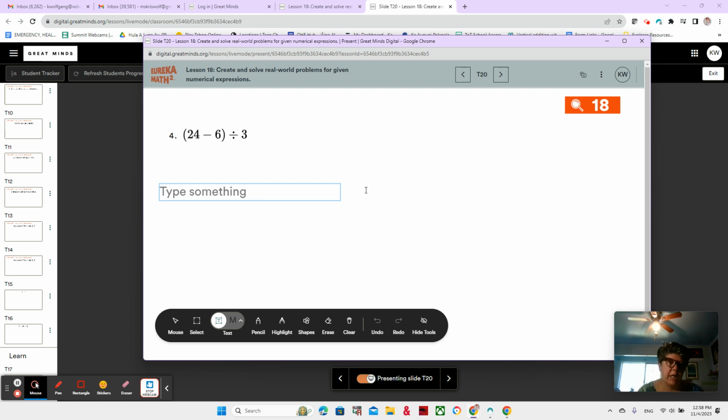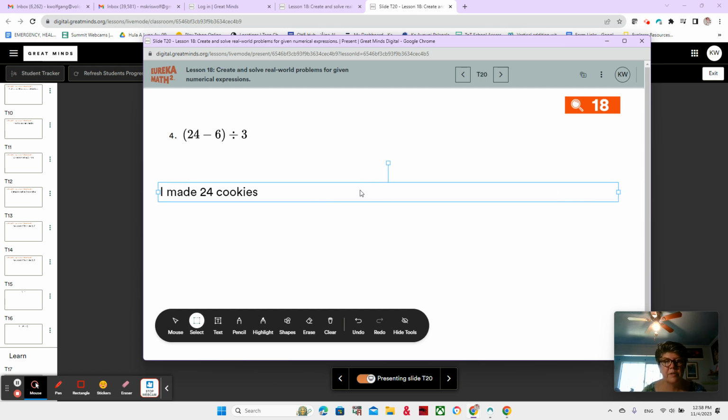Okay, let's try cookies. I made 24 cookies. You can write your own, or you can copy mine, either one, but you need to have something when I check your work, right? When you do your must do, I want to see your notes as well. So make sure you're getting this written down.